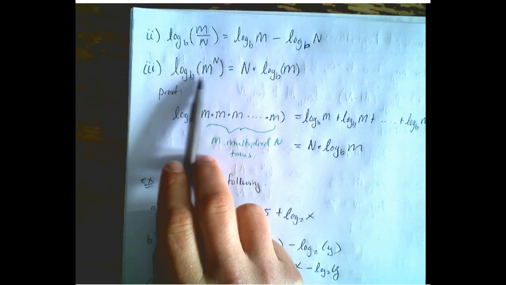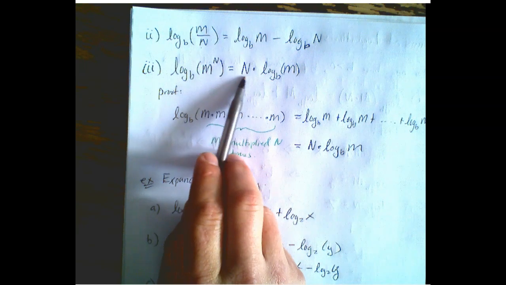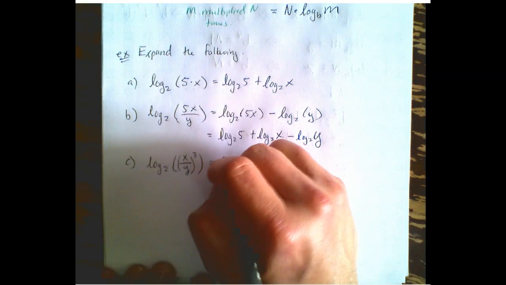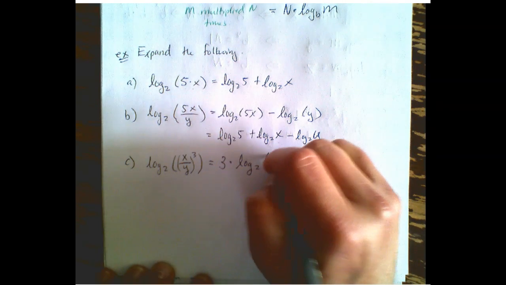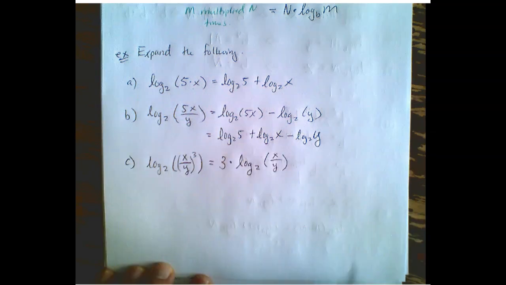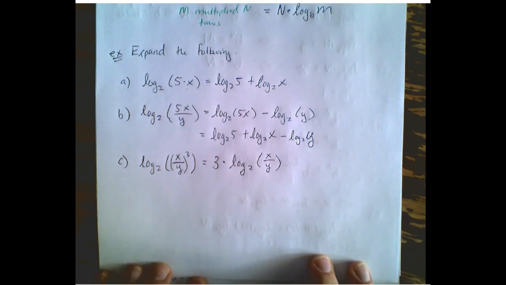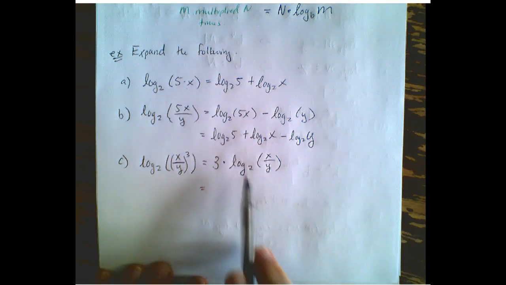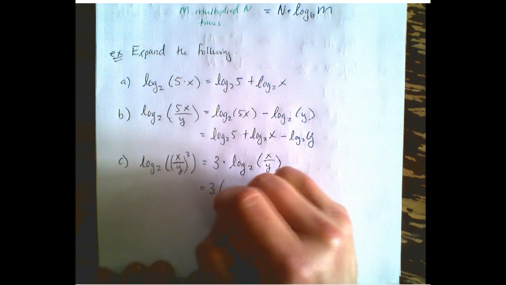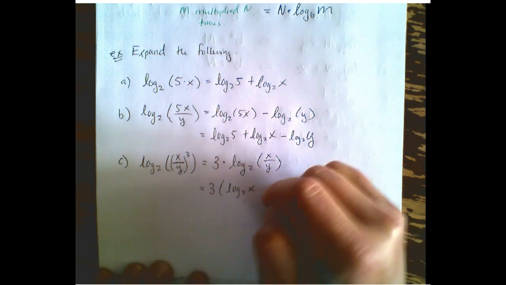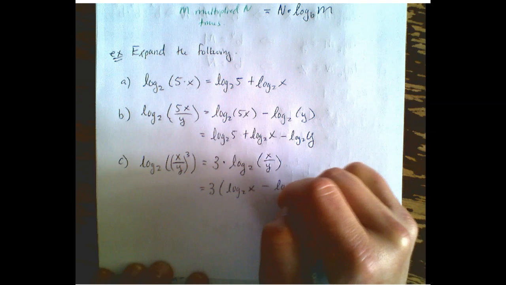The third property says if we have something being raised to a power, we can just move that power out to the front of the log. So let's do that first. So 3 comes out, times the log base 2 of x over y. And we know that the log base 2 of x over y can be simplified using the second property up there. So 3 times log base 2 of x minus log base 2 of y.